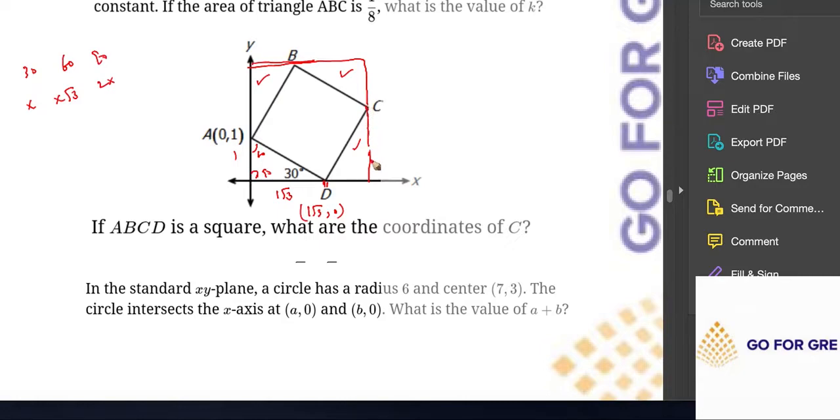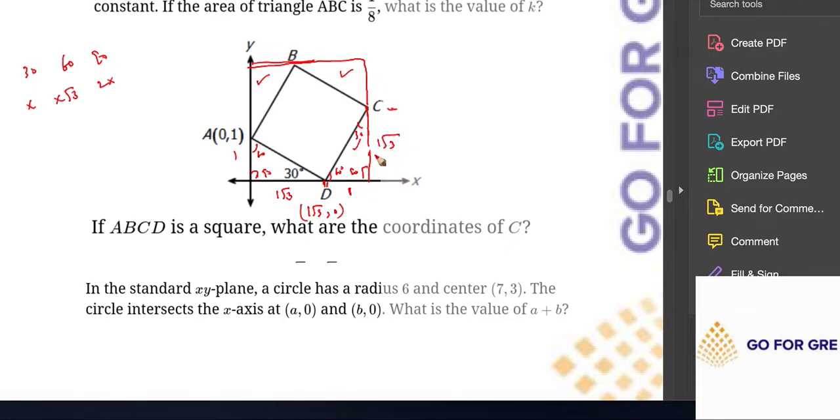So up to this point we have to find the coordinates of this point. So up to this it is 90, this must be 30 because they are in the same plane, and this must be 60. So it is 1, and this one is under root 3.